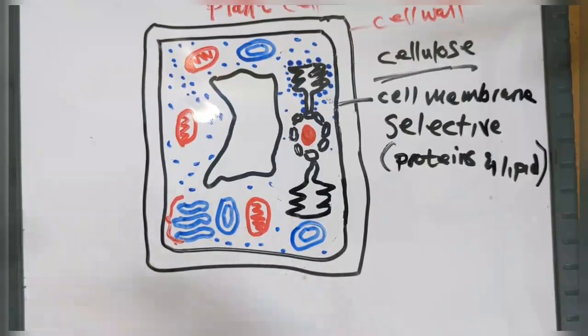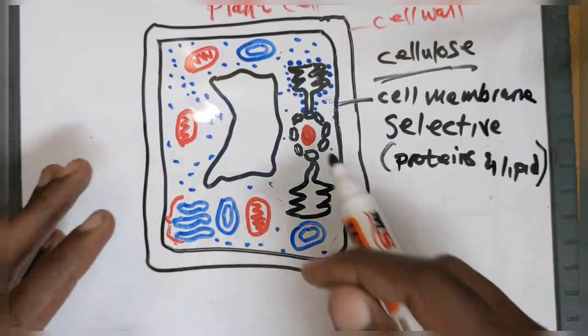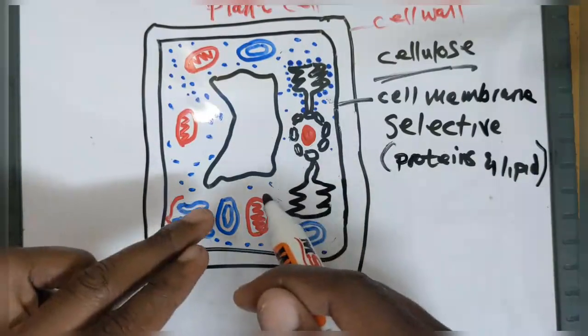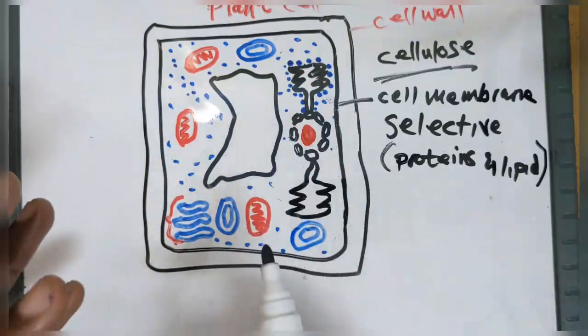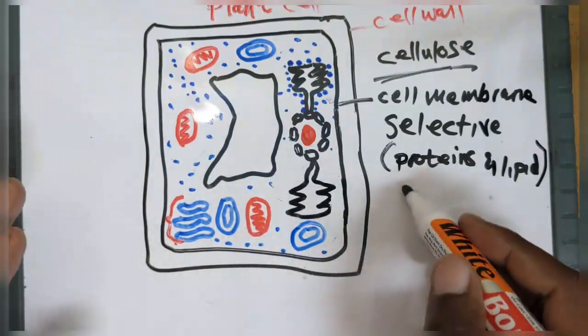There are some substances that go into and out of the cell freely, and those substances are gases.